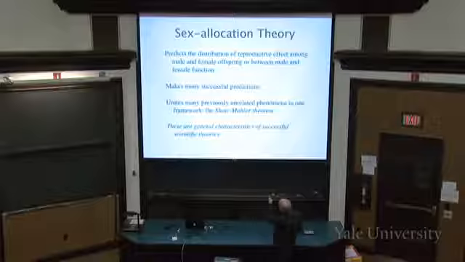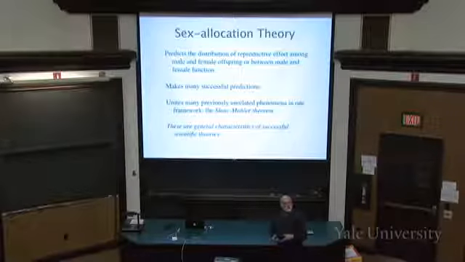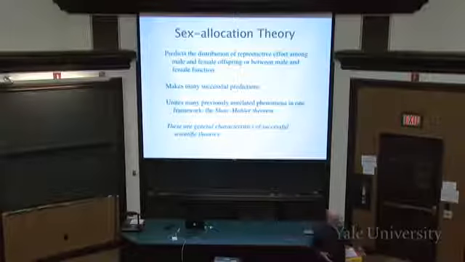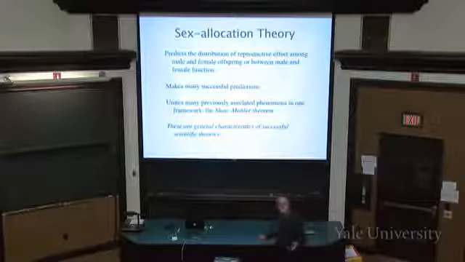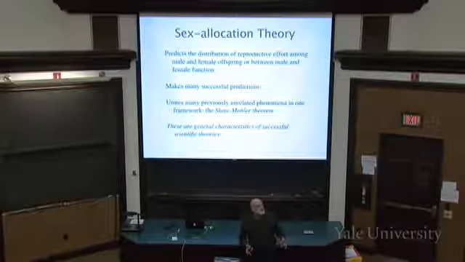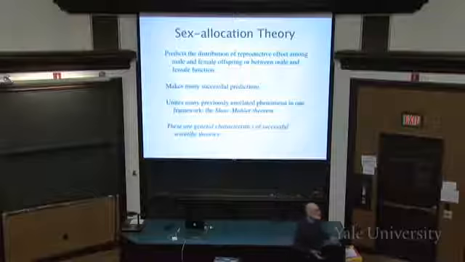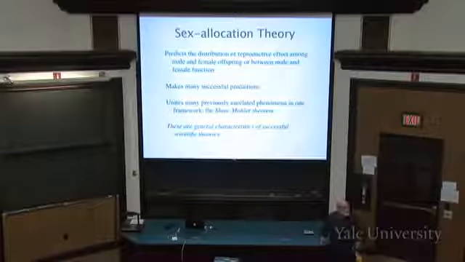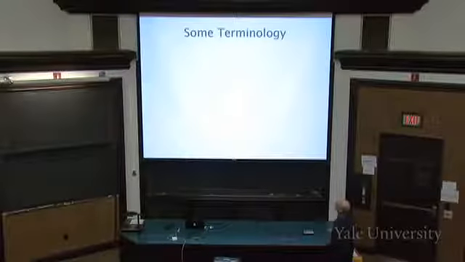So the successful predictions and the bringing together in a single explanatory framework of a lot of stuff that was previously seen as unconnected is a characteristic of any good scientific theory. After all, that's what the periodic table does in chemistry. That's what Newton did with his laws of motion. So this is a good example of a success in evolutionary theory.